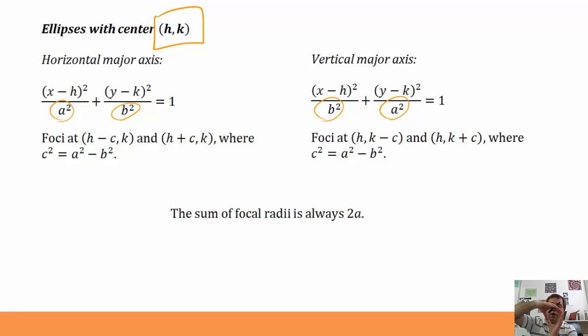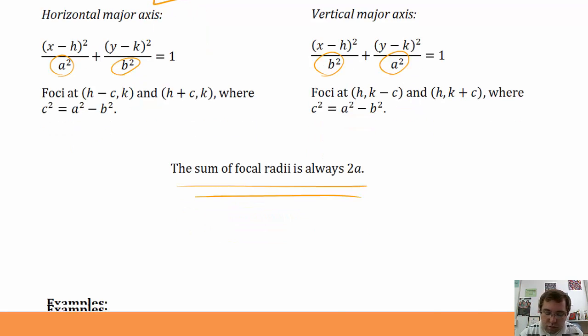Then you're adding and subtracting c to the y coordinate of the center, where c squared is always a squared minus b squared. And a useful fact is the sum of focal radii, that fixed sum of distances, is always 2a. Why? Great question. The question you should ask me in class tomorrow and I'll explain it to you.